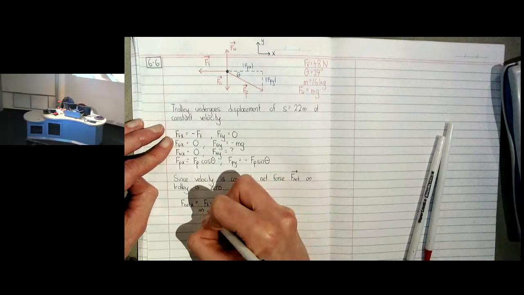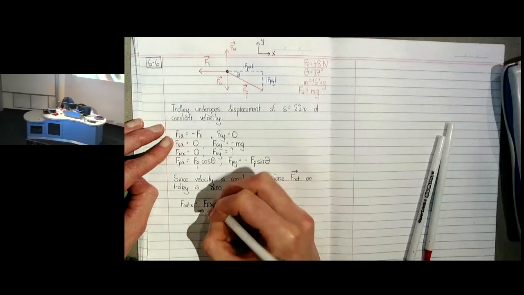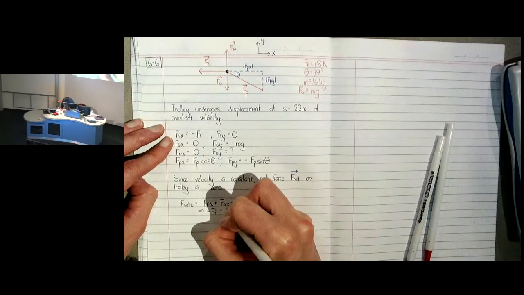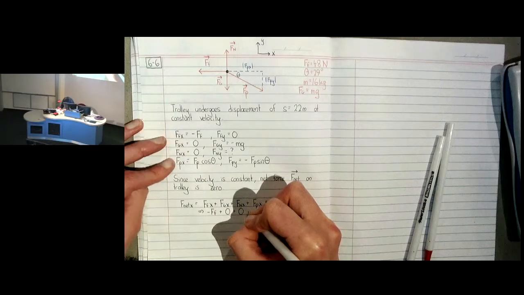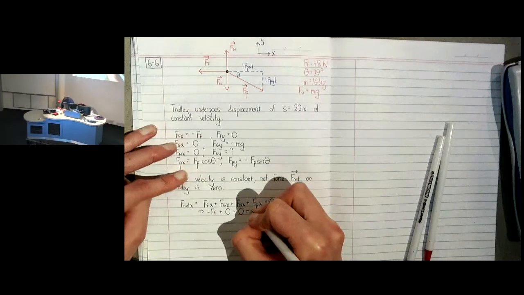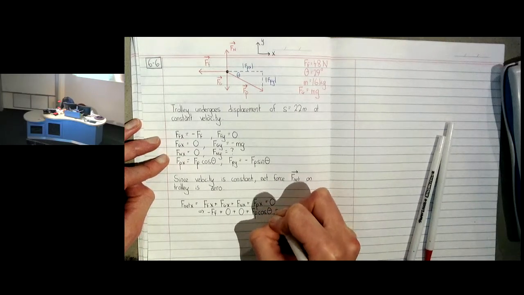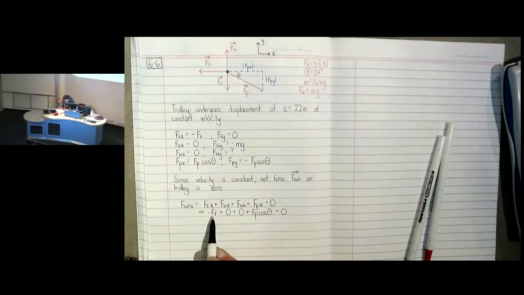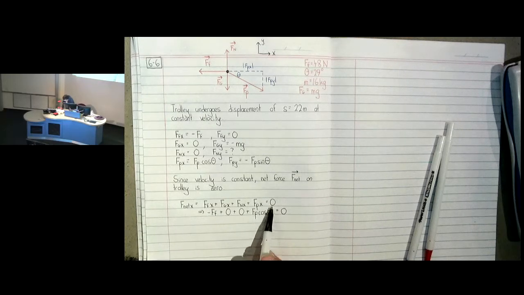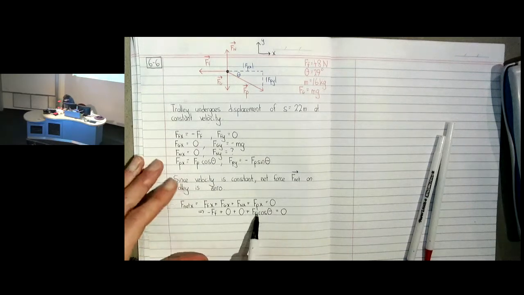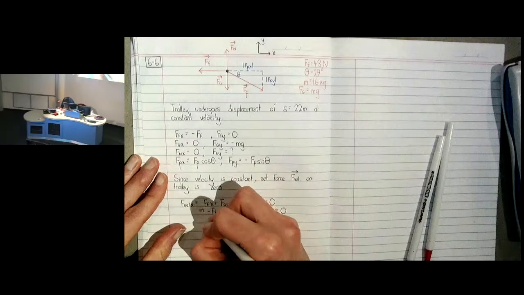The x component of the friction force is just minus its magnitude. And we have 0 plus 0 for those two. And then we have plus Fp times cos theta. And this looks like a pretty useful equation because we know what the magnitude of the friction force is, and we know what angle the pushing force was being applied at, so we should just be able to solve this equation for the magnitude of that pushing force.